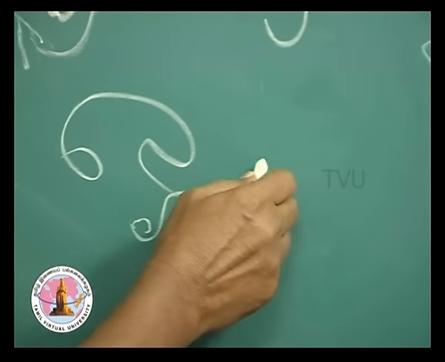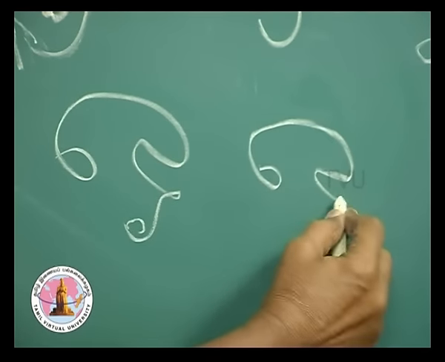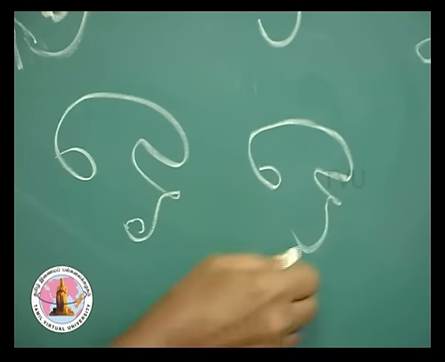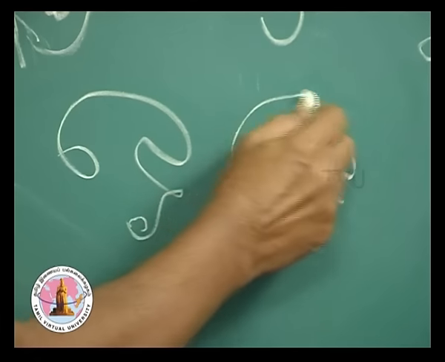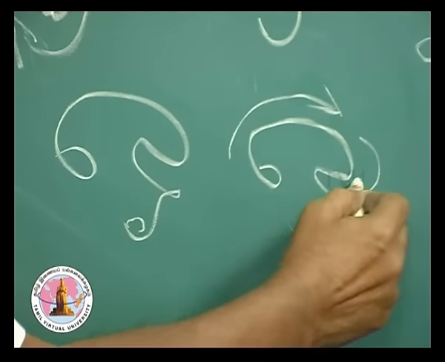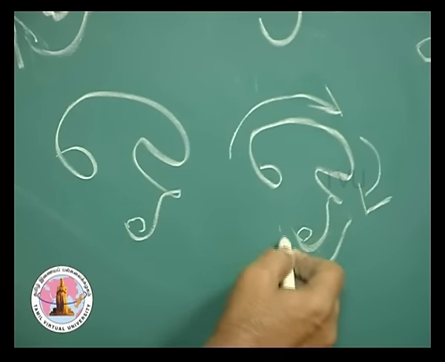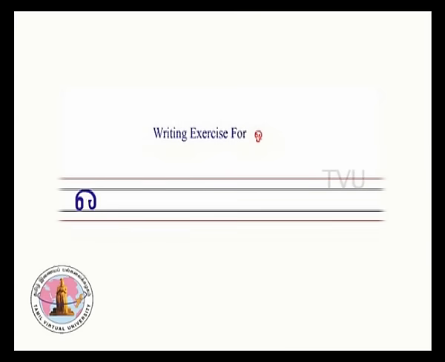The same way O is written and ends with a small circle. The same method you have to follow. Now you have to practice it.